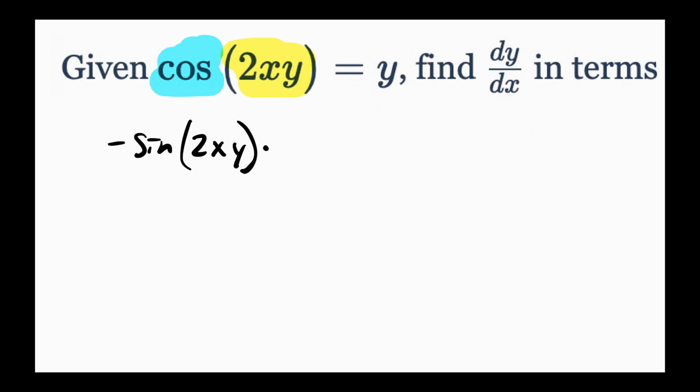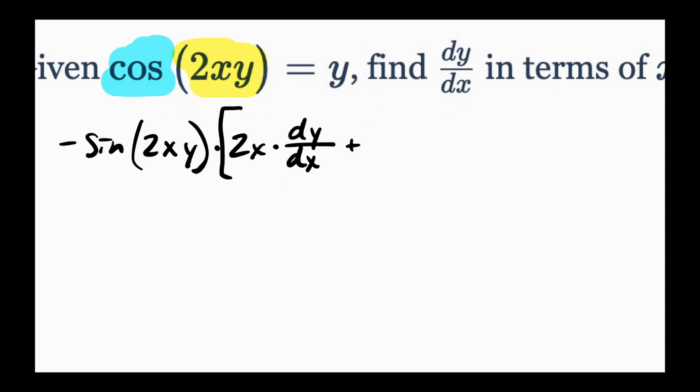Okay? So the 2 goes with which one? The x. It's 2x, yeah. So the first term is going to be 2x. The second term is going to be just regular y. So the first term times the derivative of the second term, which is just y, dy dx, plus, and I'm going to put this in parentheses because this whole thing is plus.